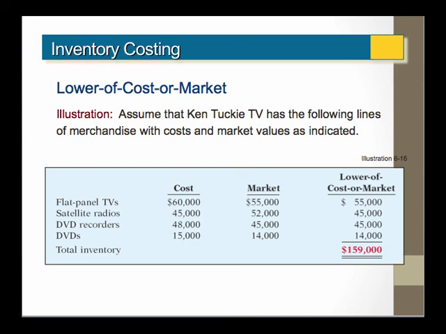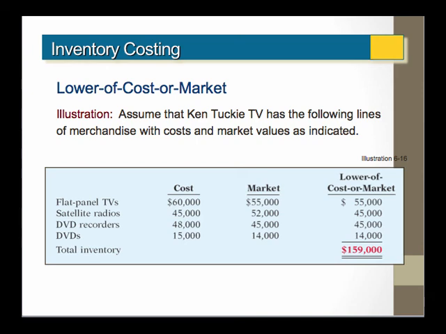If the lower market value is permanent, we would want to reduce the cost of the flat panel TVs to $55,000. By reducing the cost to $55,000, we would have to reduce the cost of the inventory and recognize cost of goods sold.